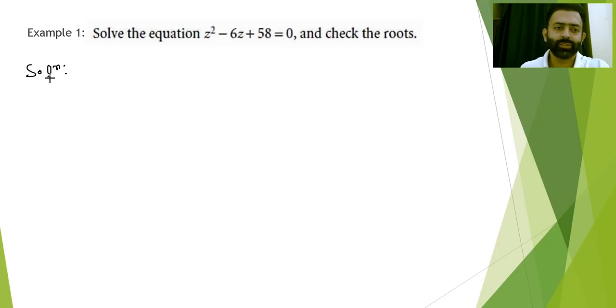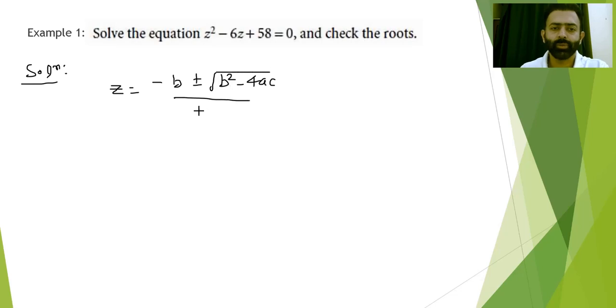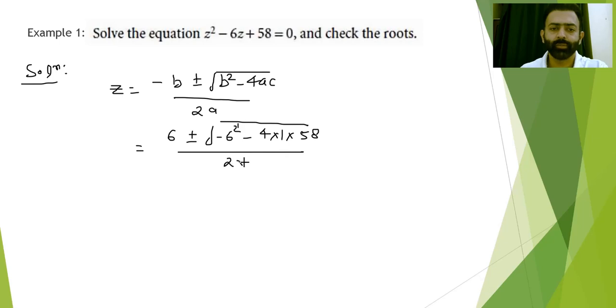So z will be minus b plus minus the square root of b squared minus 4ac, divided by 2a, where the value of b is -6, so it becomes plus 6, plus minus the square root of (-6) squared minus 4 into 1 into 58, upon twice of a, which is 2 into 1.